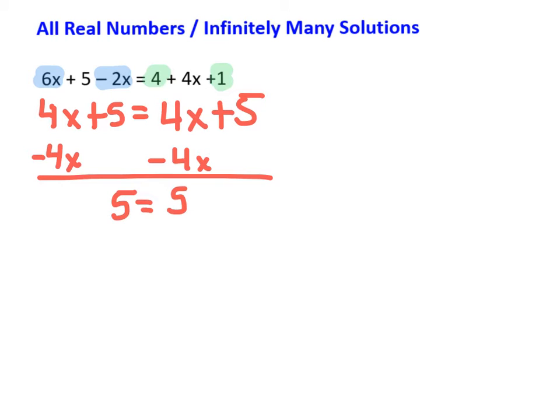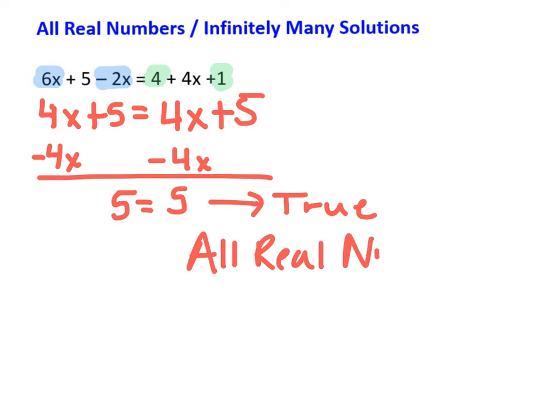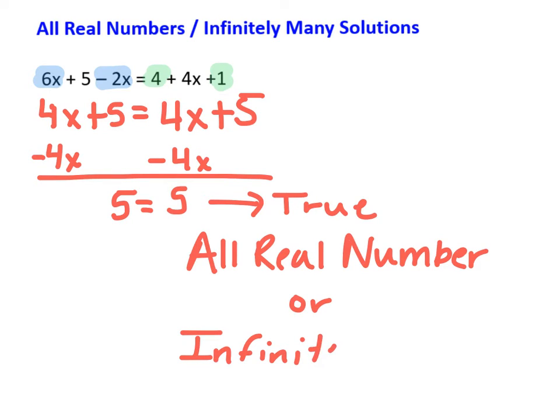Since this is a true statement, we can either say that the solution would be all real numbers, indicating that any number could be substituted and it would work, or the other way we say this is infinitely many solutions.